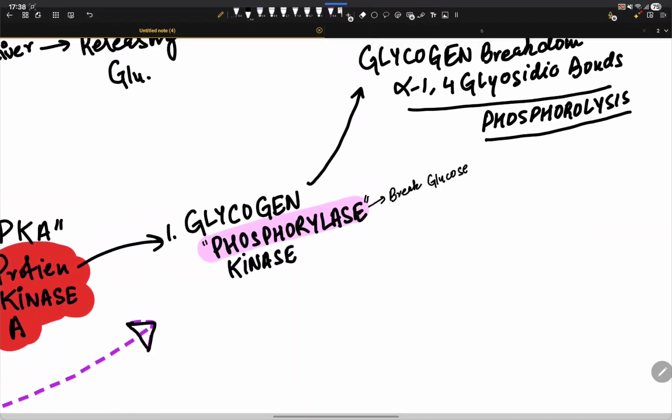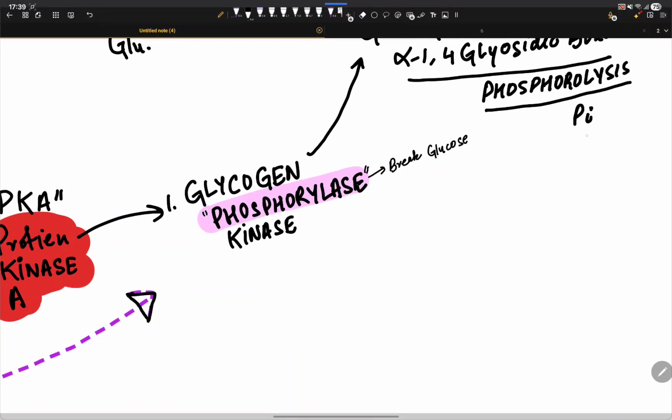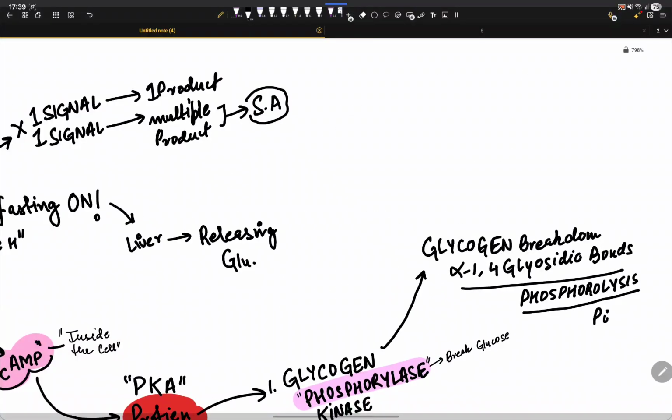Phosphorolysis is a process in which we use Pi, that is inorganic phosphate, and we produce something called glucose 1-phosphate. In the end, we produce glucose 1-phosphate.